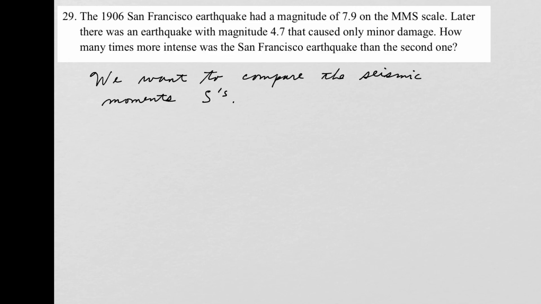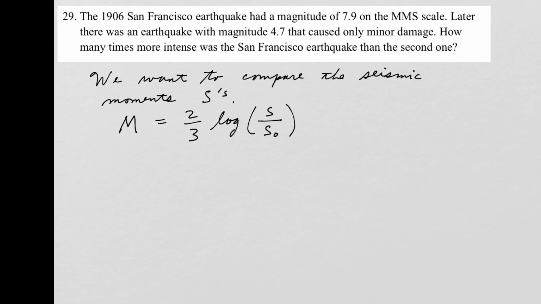All right, so the way to do this is to solve both earthquakes for the S values, and then we can just form a ratio, and that will give us the comparison, right? So we know that the general formula for the magnitude, the MMS value, M, is equal to 2/3 log base 10 of S over S naught.